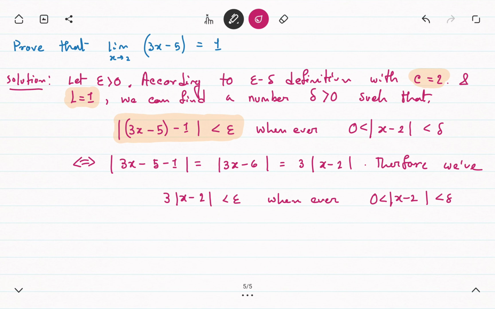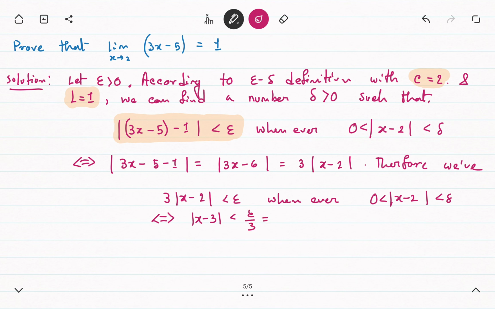So if we choose delta like this way, then in the next line I just write epsilon by 3.